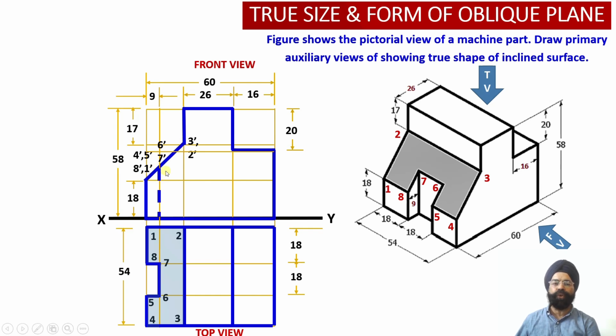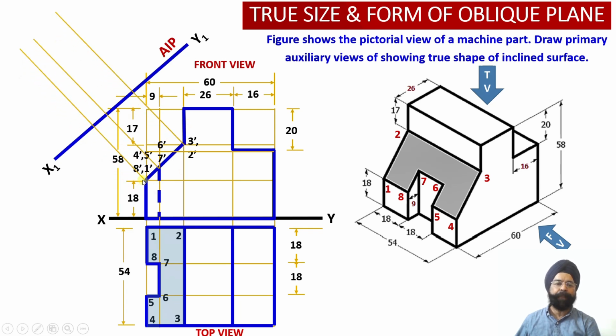Now what we are going to do, we are going to draw an auxiliary inclined plane x1 y1, which will be parallel to the edge view of the inclined cut surface section over here. Now we are going to draw the projections from these 8 points onto this AIP.